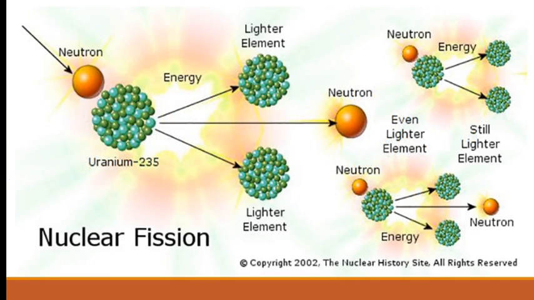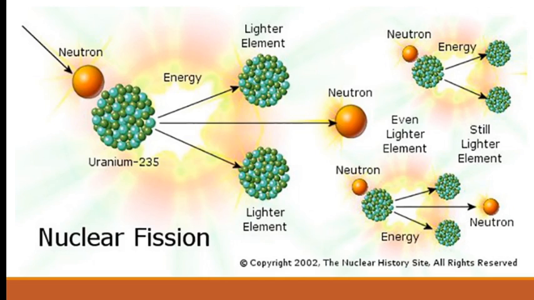So this is a picture showing nuclear fission. Here we have a uranium-235 nucleus, which is a heavy nucleus, and this heavy nucleus gets bombarded with a neutron. So what happens? The neutron imparts its energy to the uranium-235 nucleus and it becomes an excited nucleus.